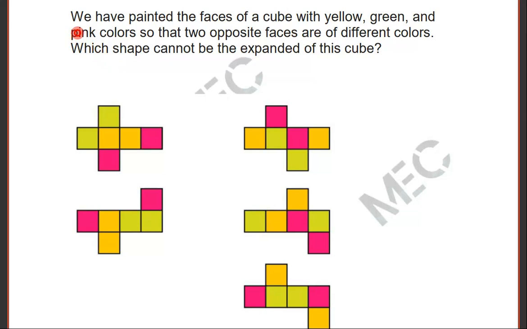We have painted the faces of a cube with yellow, green, and pink colors, so that two opposite faces are of different colors. Which shape cannot be the expanded form of this cube?